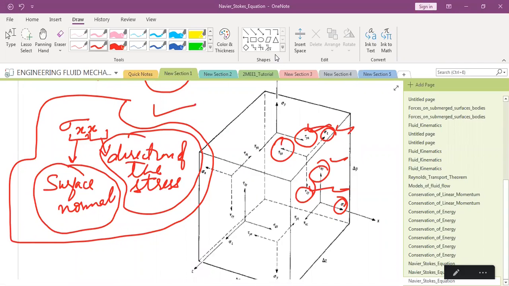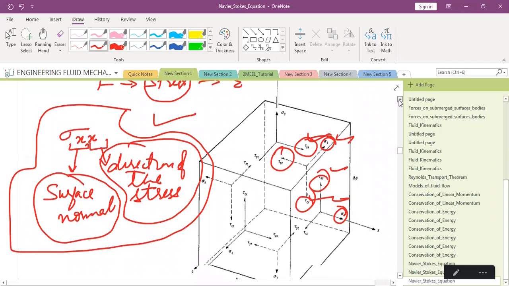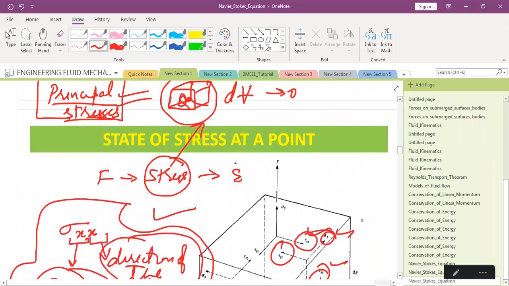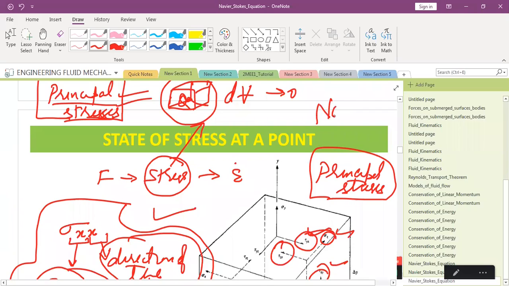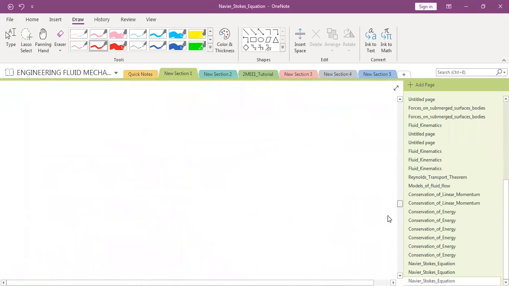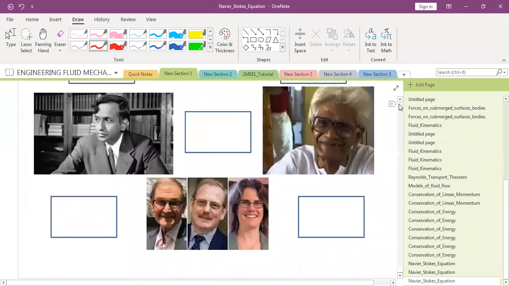Any doubt? So if I ask you, principal stresses are the stresses which are normal to the surface. So what does that mean?